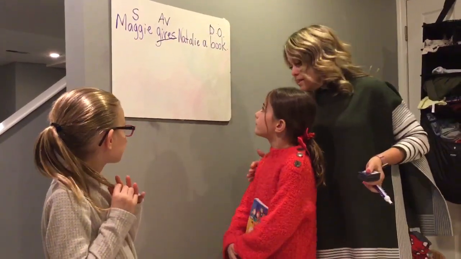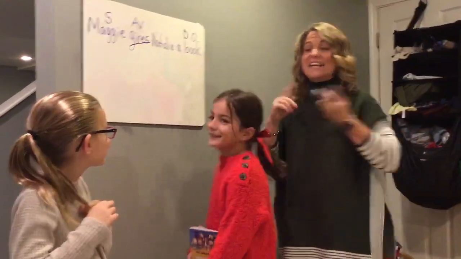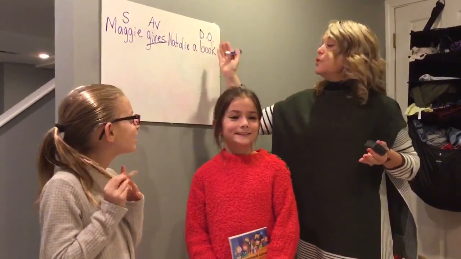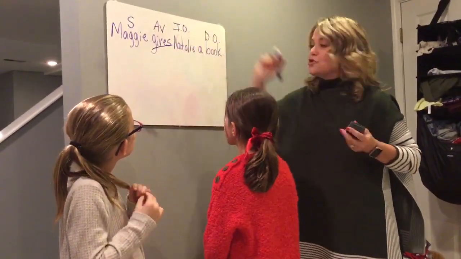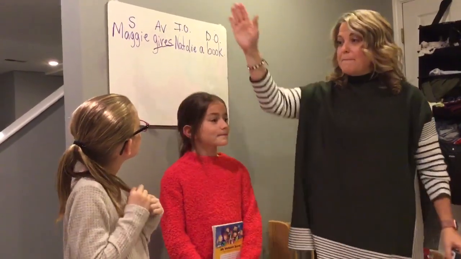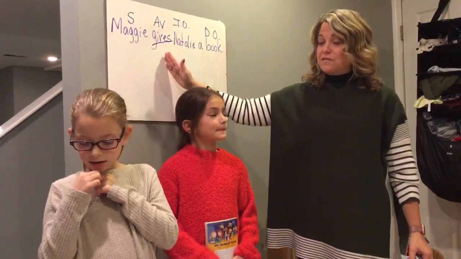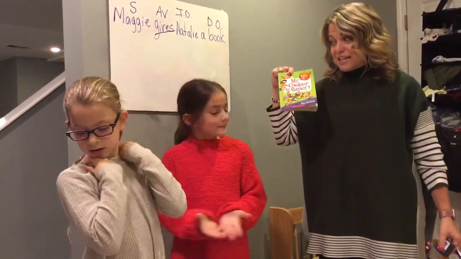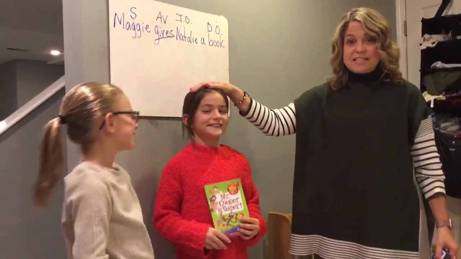To Natalie. Natalie is the answer to the question, to whom does Maggie give the book? So Natalie is the indirect object. Maggie is the subject. Gives is the action verb. Book is the direct object. And Natalie is the indirect object.